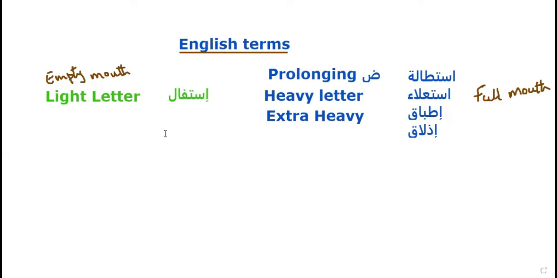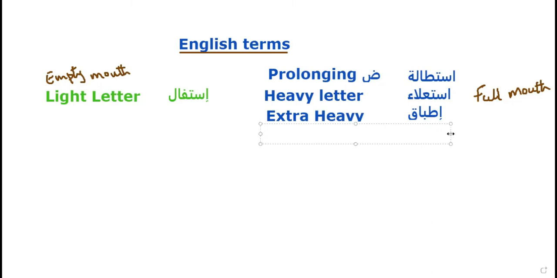Itbaq. Infitah is not extra heavy. So we generally do not use infitah to explain anything, right? Basically every letter has the quality of infitah except sadda. So we don't use it to correct the student's mistake. We just say it's a light letter, it's a heavy letter, or it's an empty mouth letter, or it's a full mouth letter.